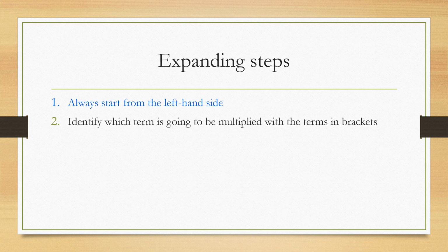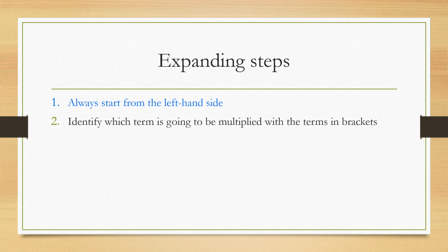So identify which term is going to be multiplied with the terms in the brackets. What I mean by this is that you have the brackets, and then in front of the bracket you have a number. That number can either be in the front or at the back of the bracket, and it could still mean multiplying.